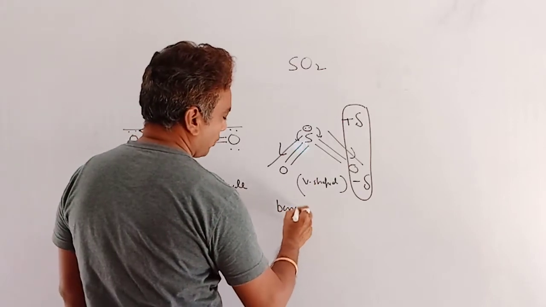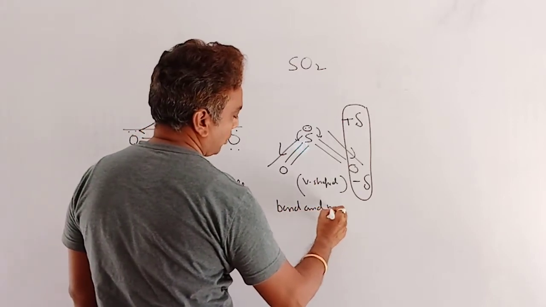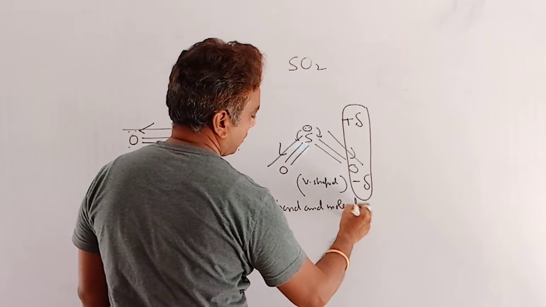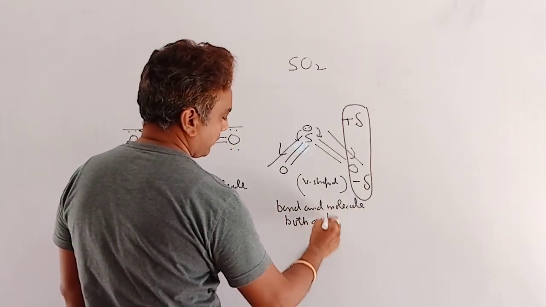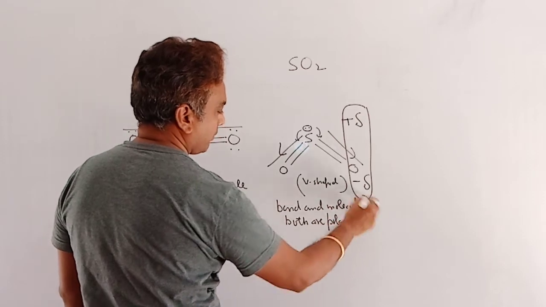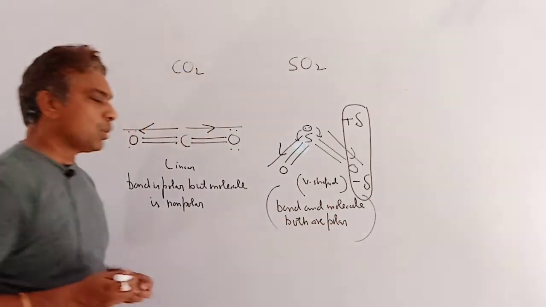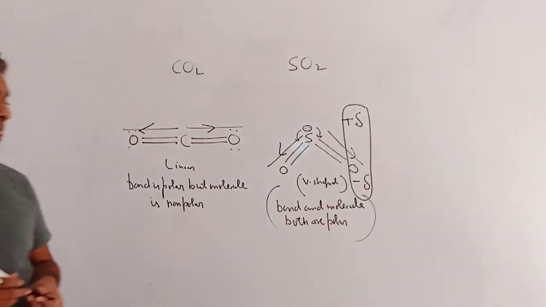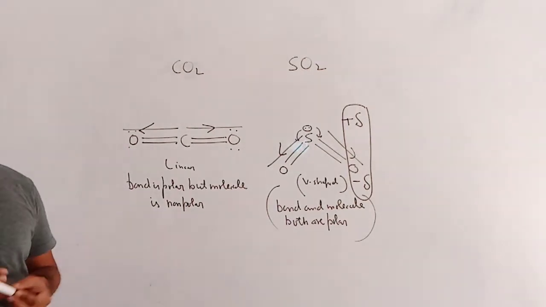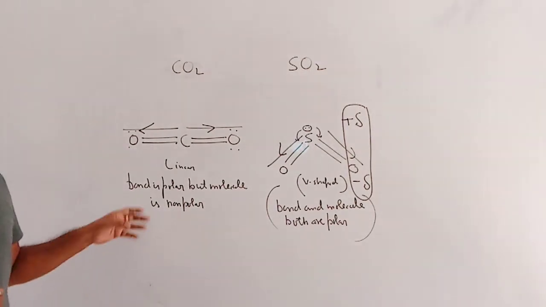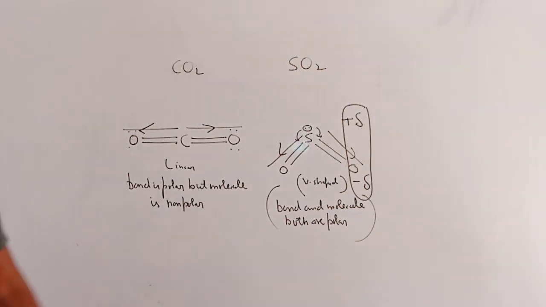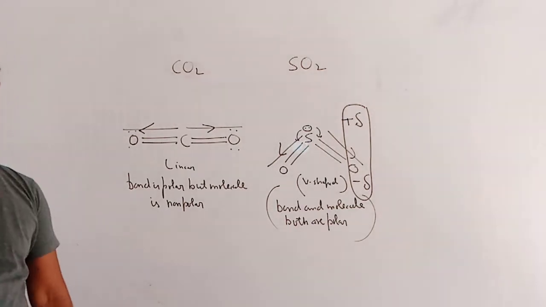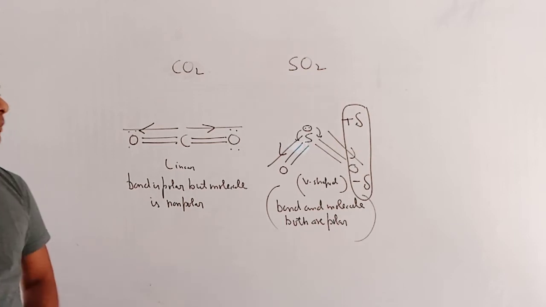Bond and molecule both are polar. Such type of molecule which is polar shows dipole moment. But in case of carbon dioxide, the value of dipole moment is 0 since the molecule is non-polar.